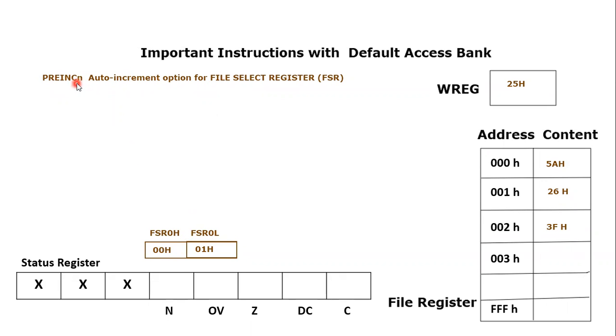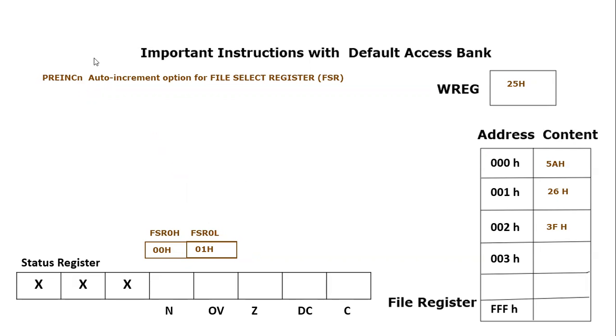Of course, this is pre-increment n. That means it can be pre-increment 0 for FSR0, pre-increment 1 for FSR1, and similarly pre-increment 2 for FSR2. So in this example, we are just considering FSR0. Let's say FSR0H is 00 hex and FSR0L is 01 hex.